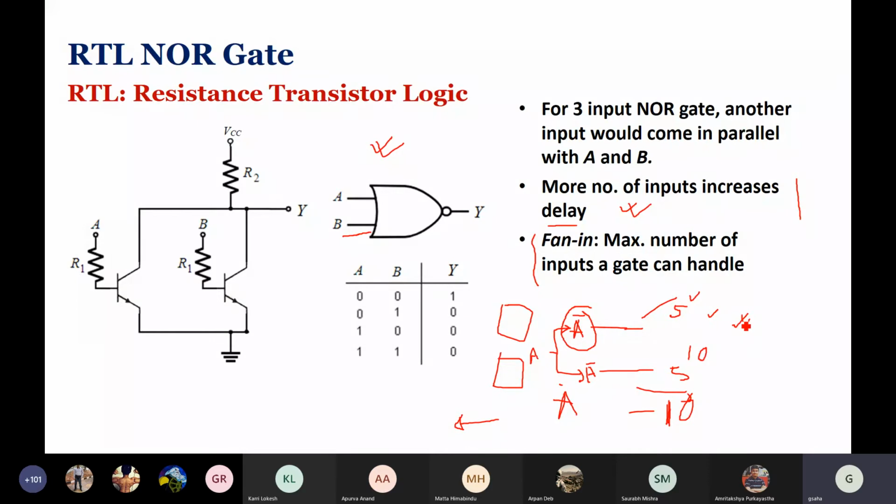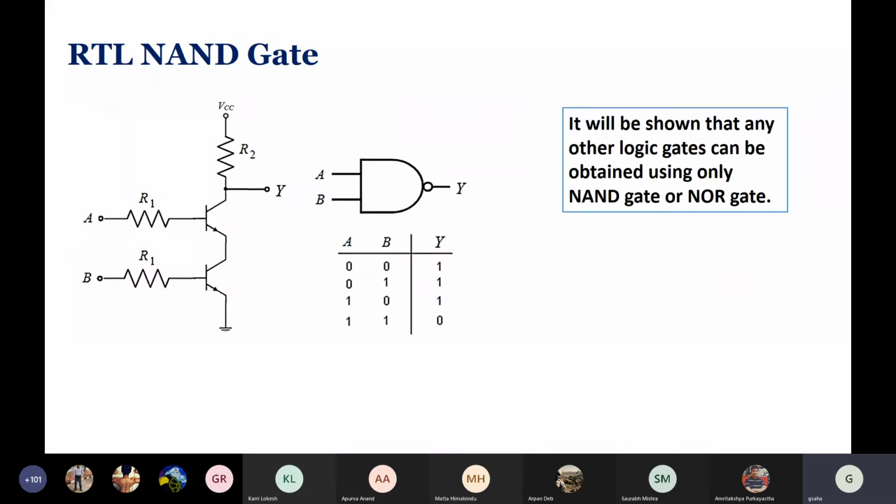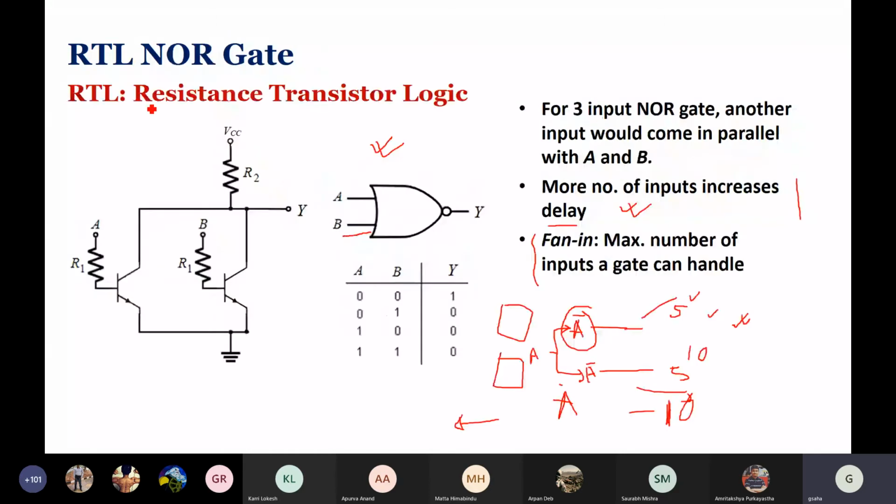So one thing that you can say, this is the one that we have used before. This is called resistance transistor logic. This was the very first integrated circuit that was developed in the 1970s or so. It followed this resistance transistor logic.